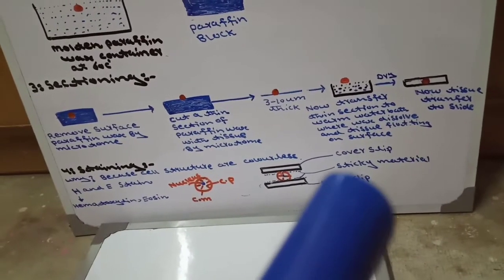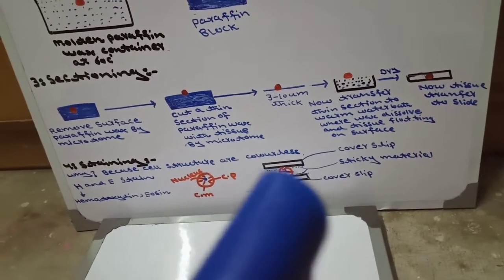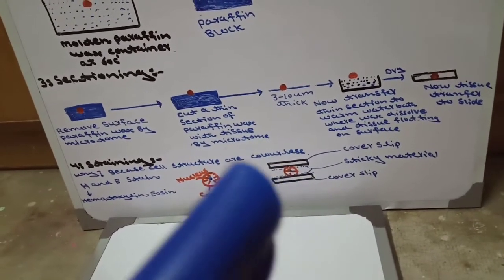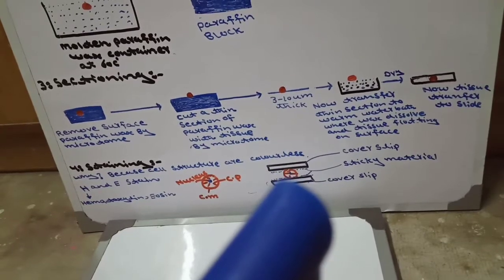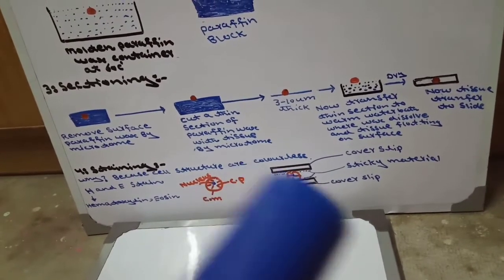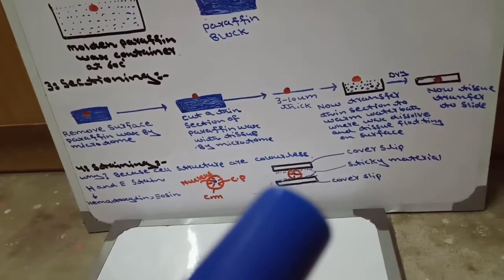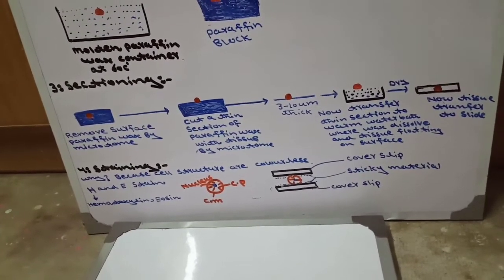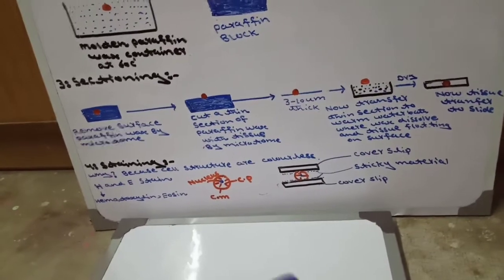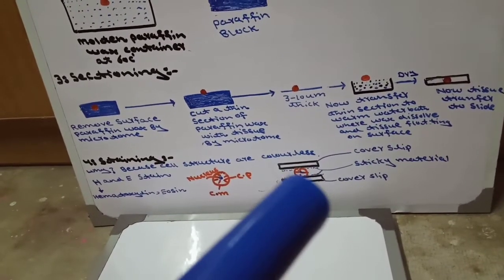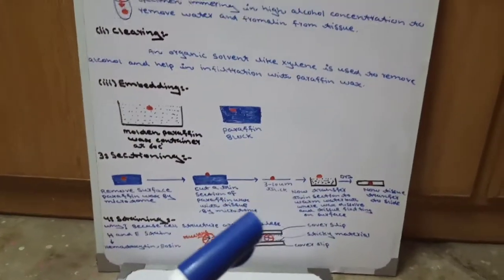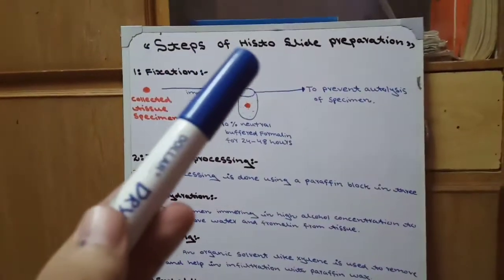On the cover slip, we use a sticky material and then place this tissue specimen, and the tissue will be packed under the cover slip, and now this tissue is ready for examination. This is the whole process of the steps of histoslide preparation.